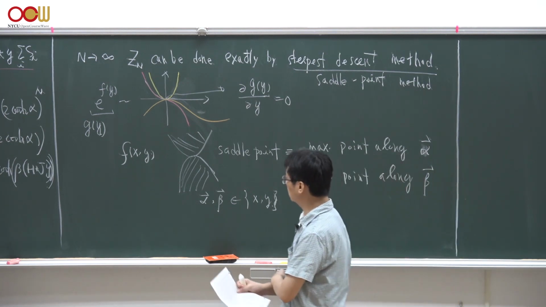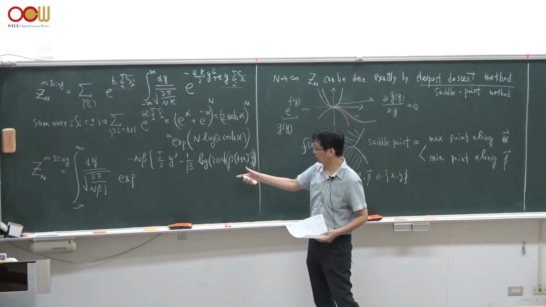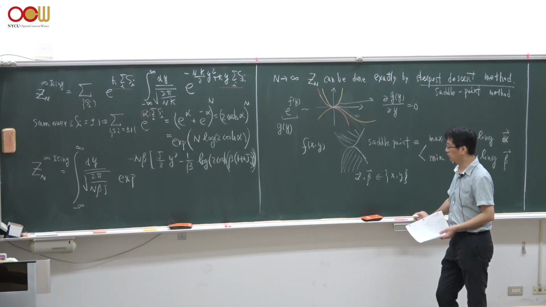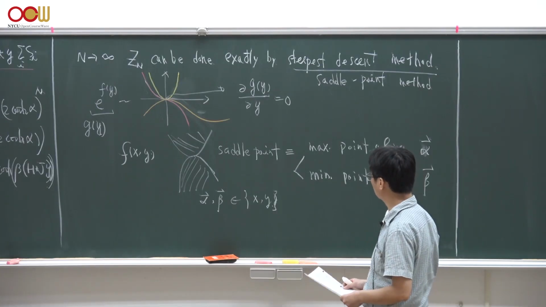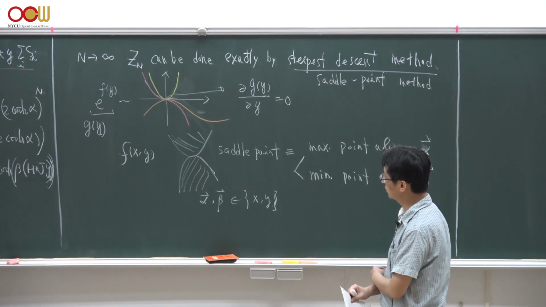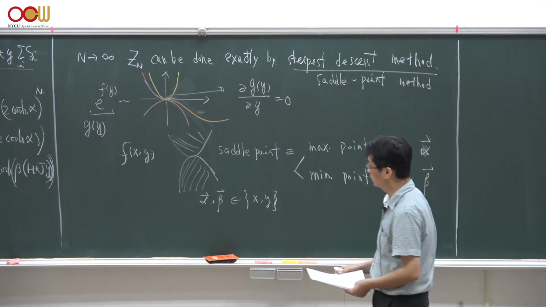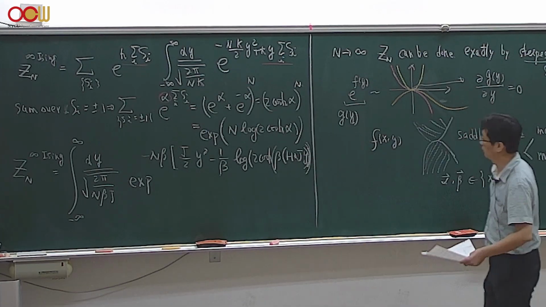Okay, so you could check whether this exponential function of y indeed has a saddle point. If there is a saddle point, then we can simply take advantage of the saddle point property, that the first order derivative of that function with respect to the parameter, which is y here, vanishes.